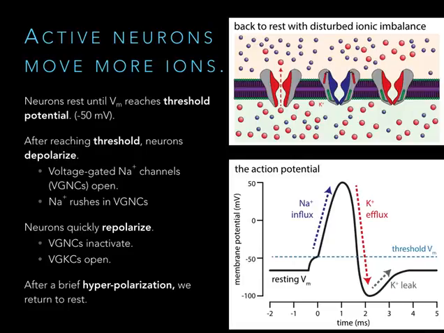So there you have it. There's your action potential. You reach threshold, voltage-gated sodium channels open. After a little bit of a delay, the sodium channels inactivate, the potassium channels open, potassium rushes out, you hyperpolarize the neuron, the sodium and potassium channels reset, and you go back to rest, just leaking out potassium.